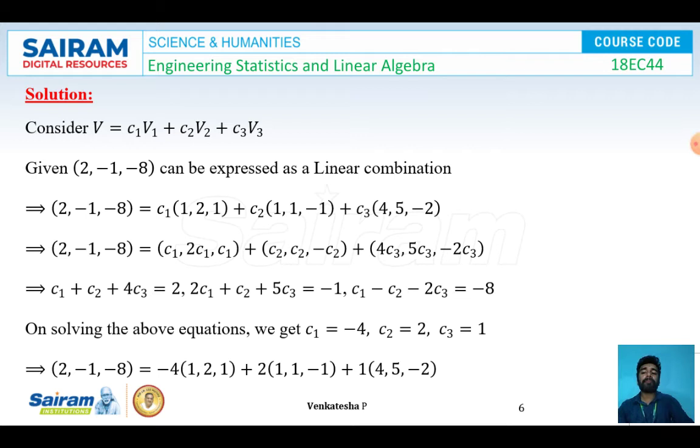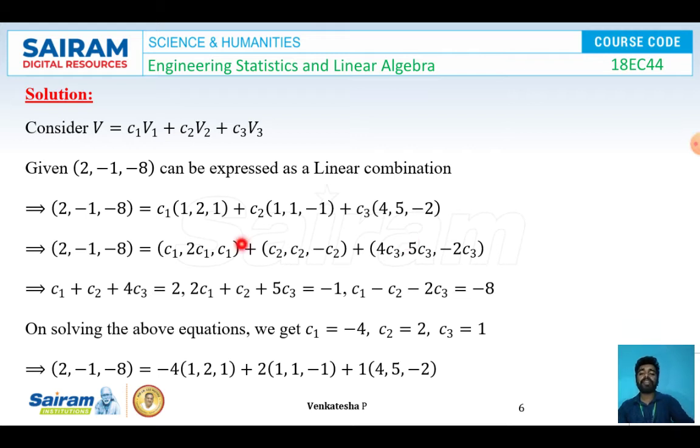Now I'll multiply the scalars C1, C2, C3 with V1, V2, V3. So I got (2, -1, -8) is equal to (C1, 2C1, C1) plus (C2, C2, -C2) plus (4C3, 5C3, -2C3).